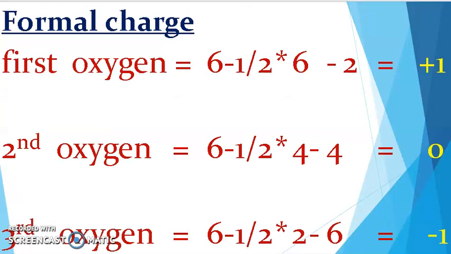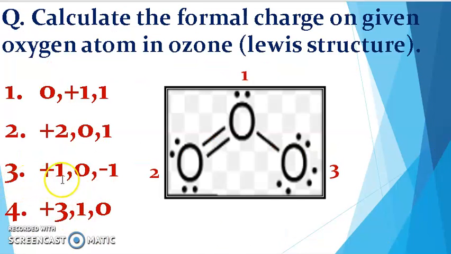So that only we got a minus value here, because this is a small value, 2 minus 6. Then you got an answer of minus 1. So what are the formal charges here? Plus 1, 0, minus 1. Got it? So which is the correct answer here? See this option. The third one is the correct answer for this question.